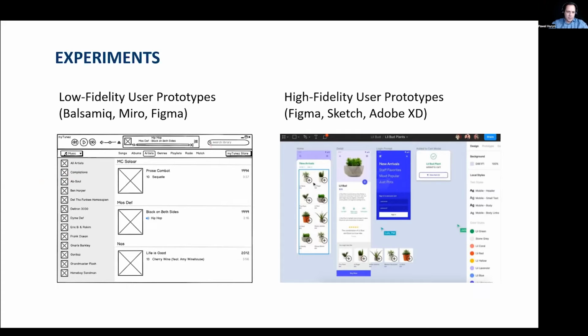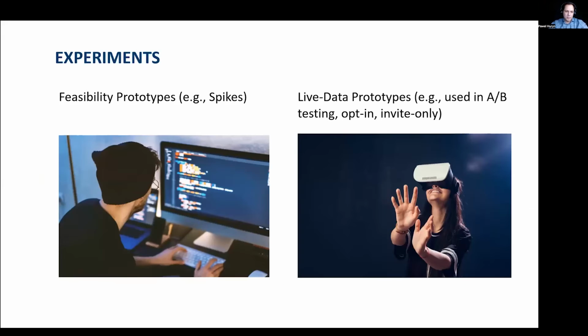The other type of prototype is high fidelity user prototypes. For high fidelity user prototypes, you can use Figma, Sketch, Adobe, and it aims to test also the usability part in more detail, so including UI, not only some flows and interactions. Another type of prototype that you can sometimes see, for example, in extreme programming, are feasibility prototypes, like, for example, spikes.